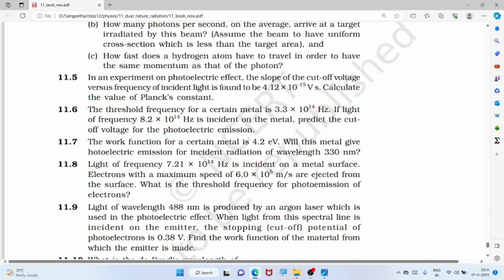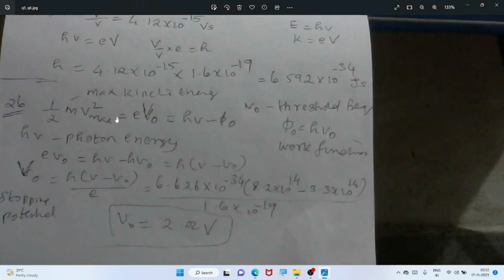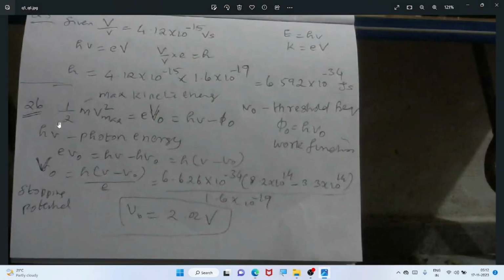The threshold frequency and the light frequency are also given. Predict the cutoff voltage, that is the stopping potential they are asking. So this is the velocity of the electron, the stopping potential, and this is the relation.